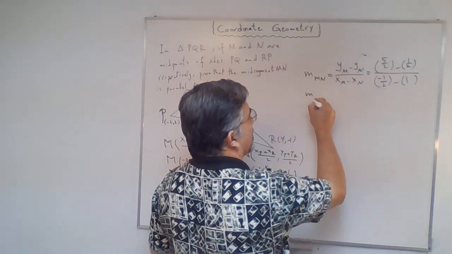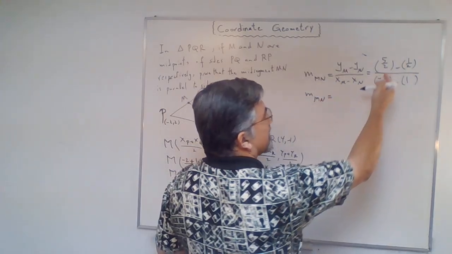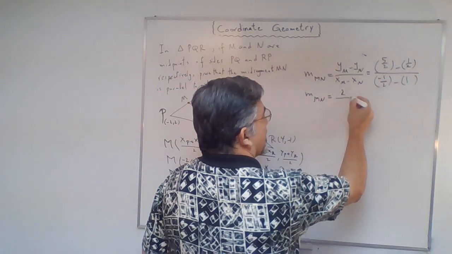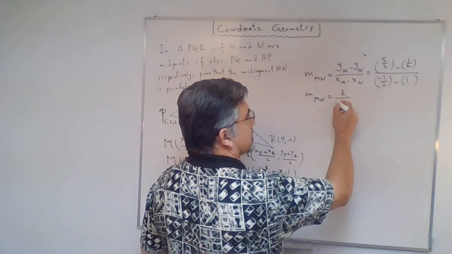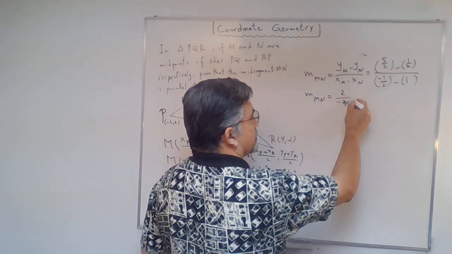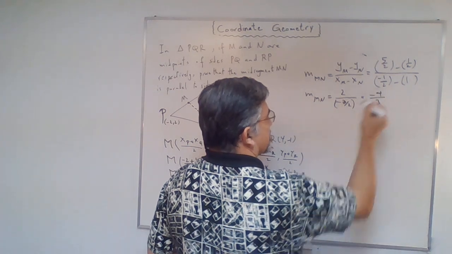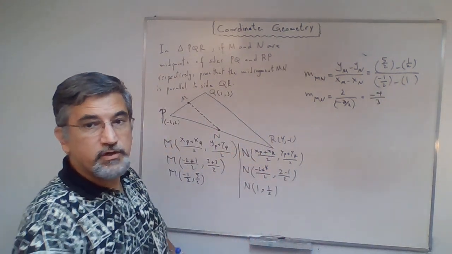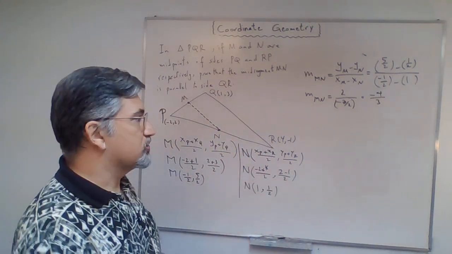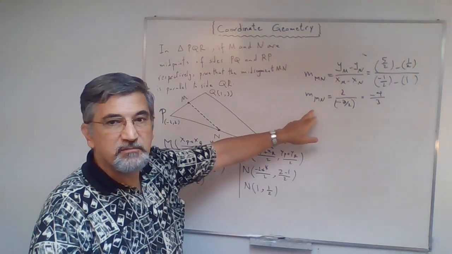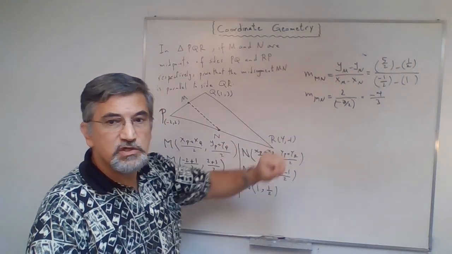So slope of mid-segment MN would be 5 over 2 minus 1 over 2, which is 2, and negative 1/2 minus 1 is negative 3 over 2. So if you simplify, it's going to be negative 4 over 3. Okay, you can use a calculator if you want, or mental math. So we found the slope of mid-segment MN to be negative 4/3.